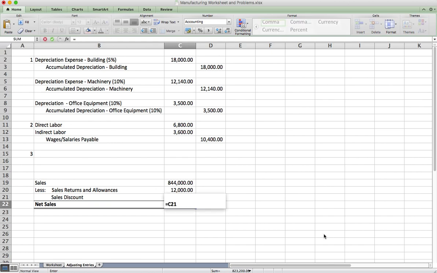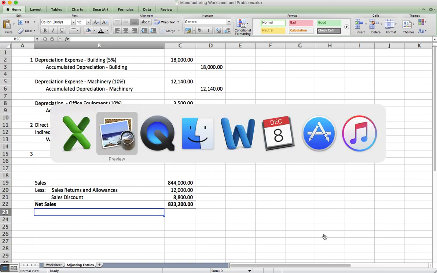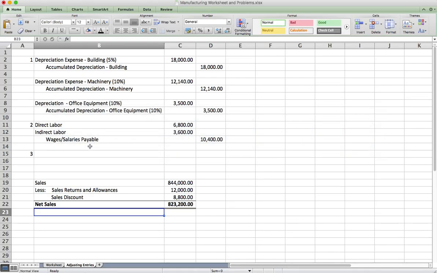Pwede din 844 less 12 less 8,800. Diba? Okay. Ngayon, ano na yung adjusting entry natin? Bad debts are estimated at 1/2 of 1%. Then, anong entry for bad debts?